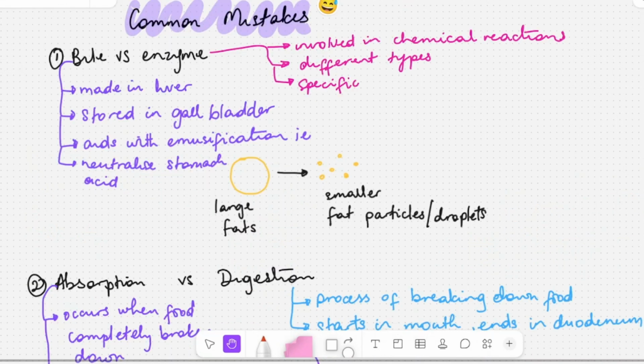So now we'll focus on some common mistakes made. I'll just touch on, I think, the major ones. So we have mixing up bile with enzymes. Please note, bile is made from the breaking down of red blood cells.